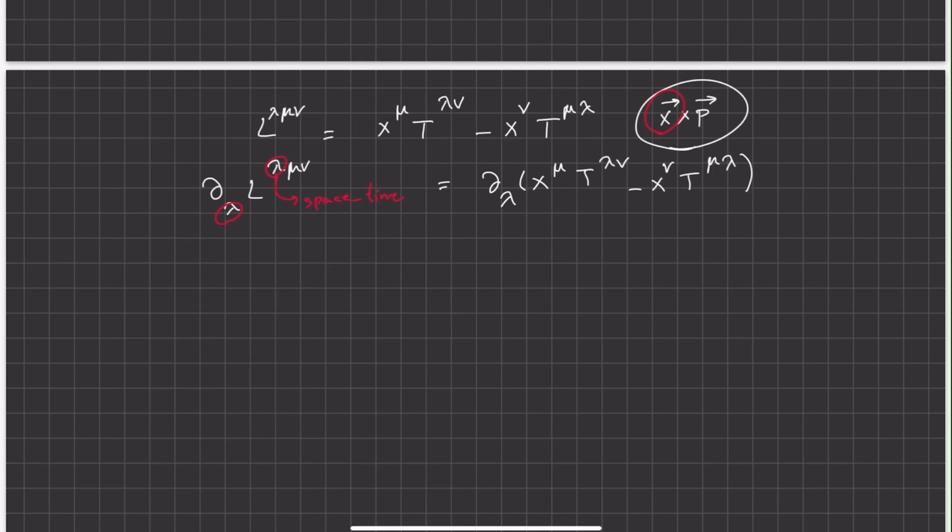So the first term here is going to be delta mu lambda t lambda nu.